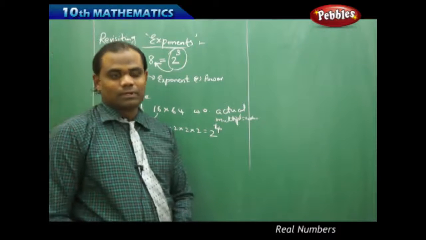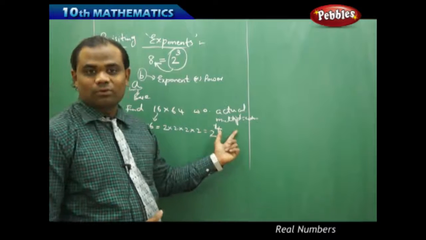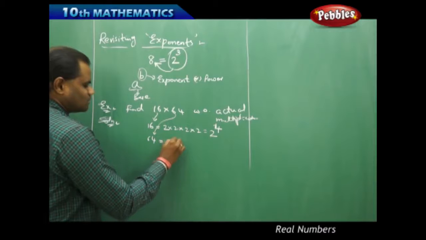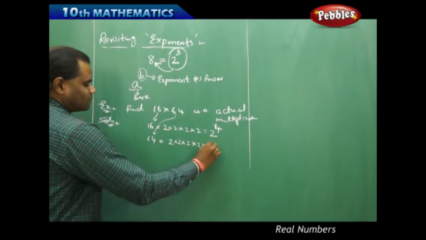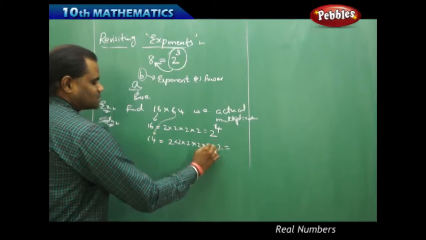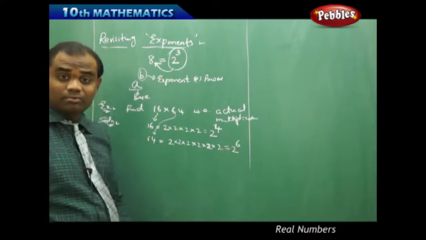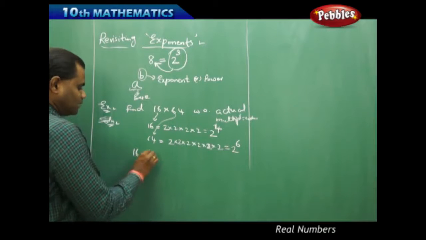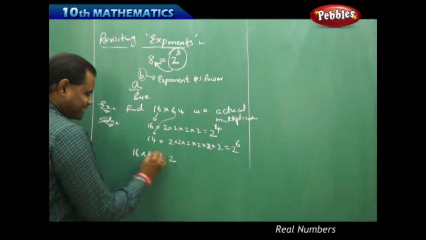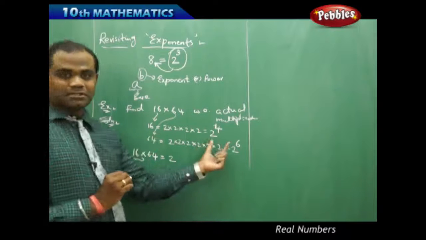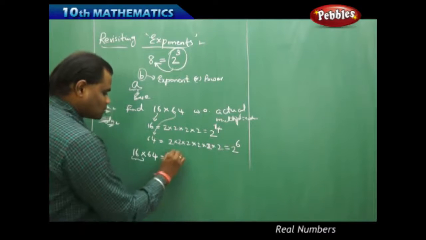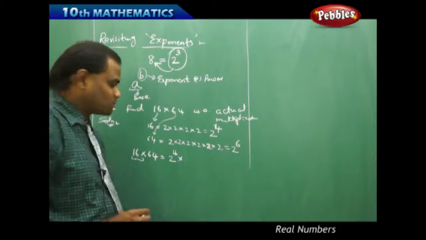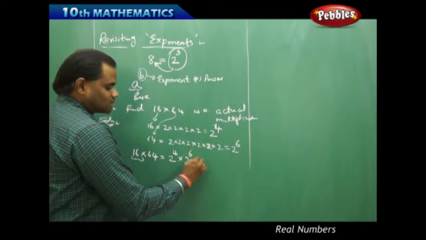So 16 can be written as 2 power 4, and similarly I take the second value, which is 64, and this can be written as 2 written 6 times, so that I get 2 power 6.